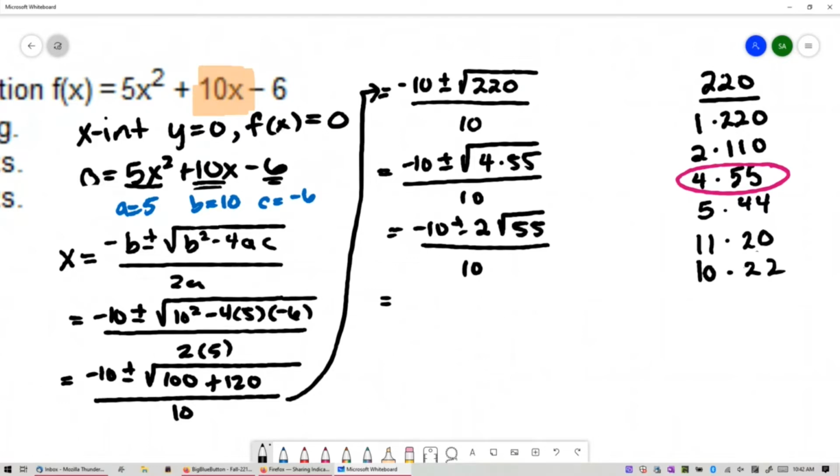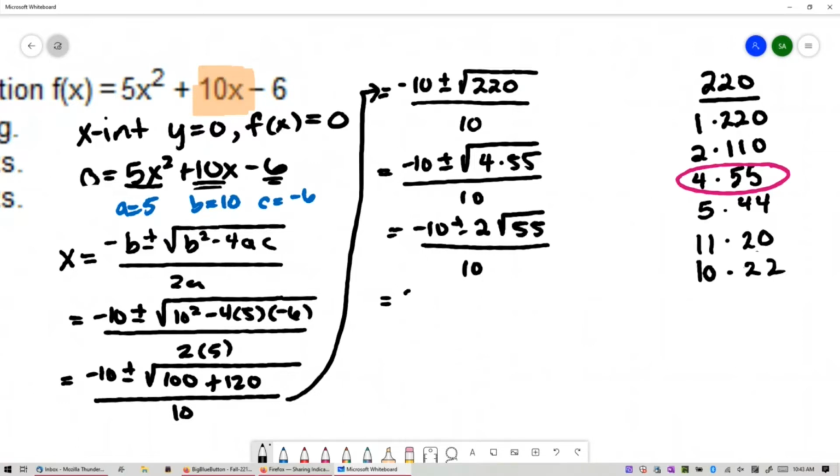The final thing that we want to do here is that we have a fraction, and you always want to write fractions in lowest terms, no common factors between the numerator and denominator. Looking in the numerator, I have 10 and 2, and both of those are even, divisible by 2, and in our denominator, we have a 10, which also has a factor of 2.